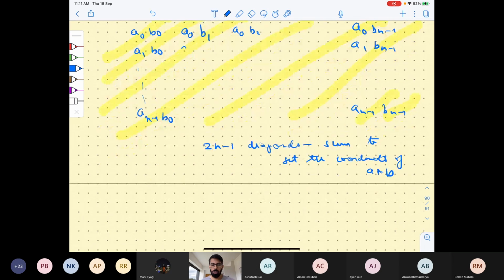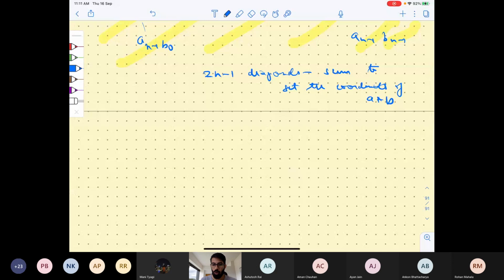Okay. So you sum them to get the coordinates of the convolved vector. Good. So now this can be generalized to vectors of unequal length also, right?